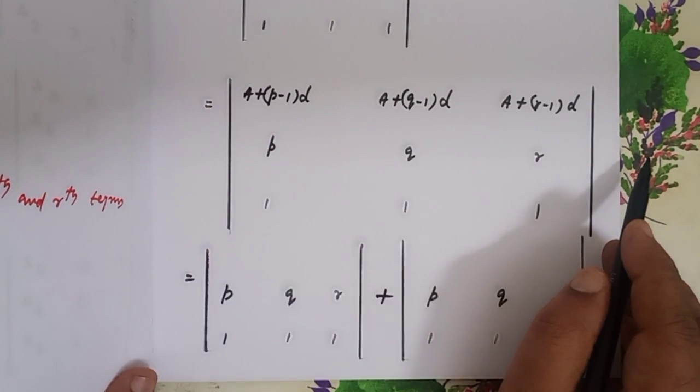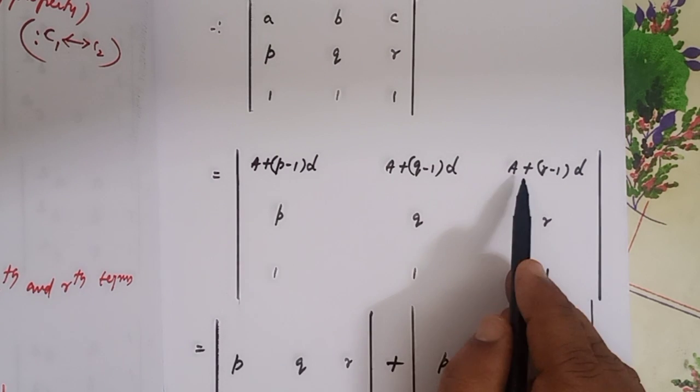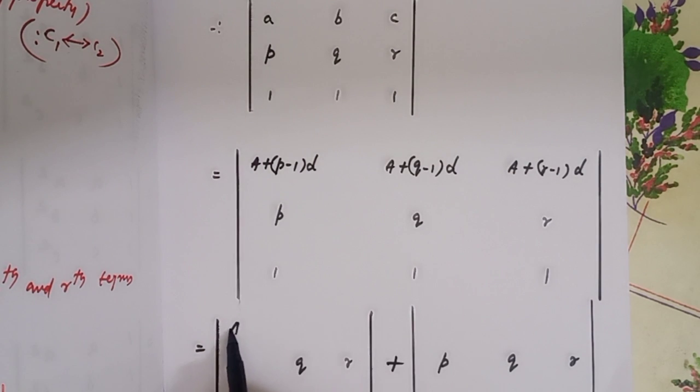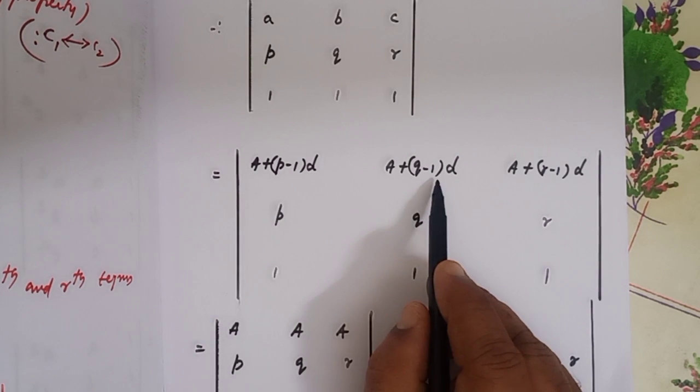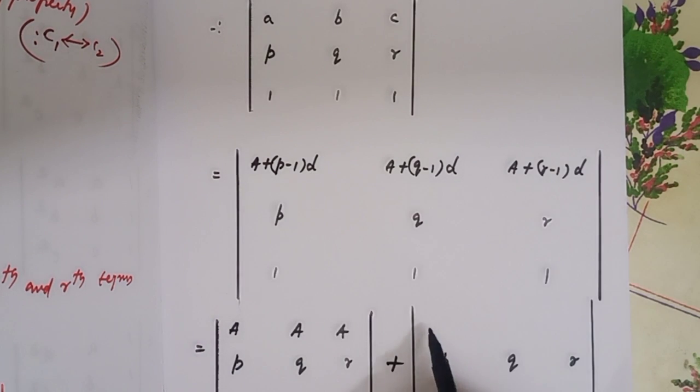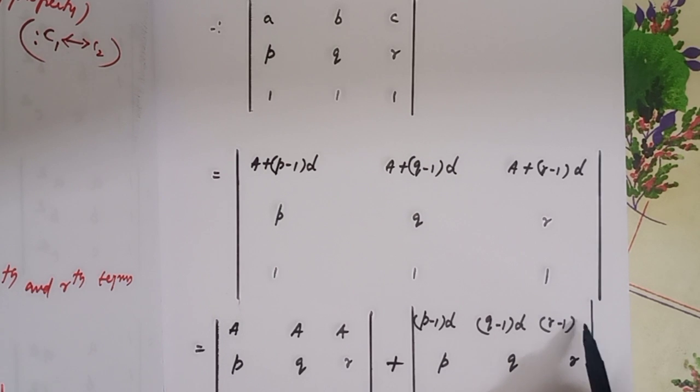The first row of the first determinant is A, A, A, and the first row of the second is p minus 1 into d, q minus 1 into d, r minus 1 into d.